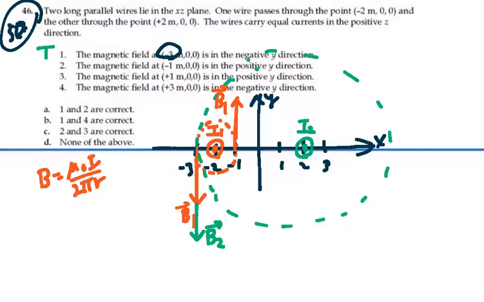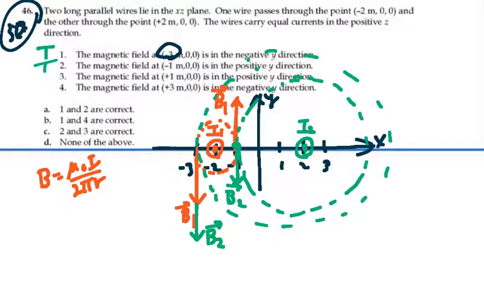And then for I2, we're going to be coming around like this, and we're going to be going in the negative y direction, but not as strong as B1 because we're further away from I2 and the two currents are equal. So since we're further away, B1 is going to win, and this will be in the positive y direction. So the statement that the magnetic field is in the positive y direction there is also true.